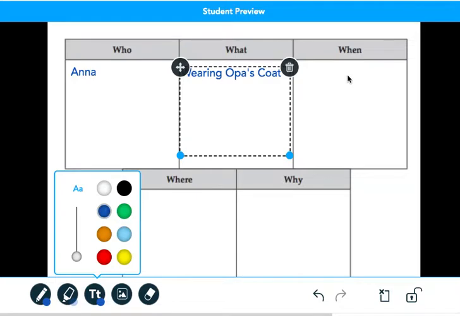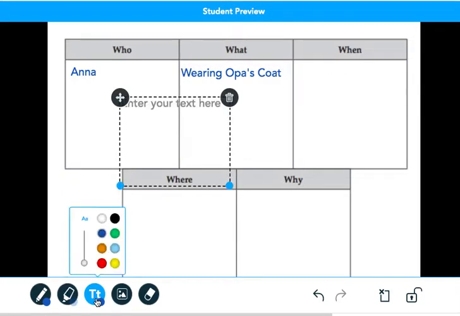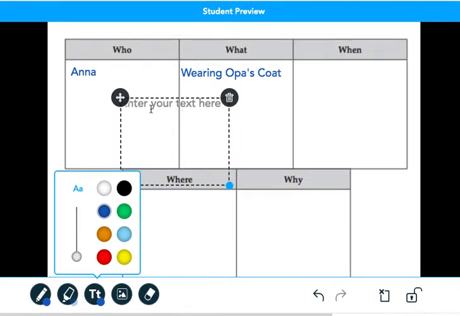If there is a date in the story, like the year 2020, you could write that for when. But for right now, I'm just going to say during the daytime because I don't know exactly when it happened. I don't know if it's in the spring or the fall. I just know that it's during the day.